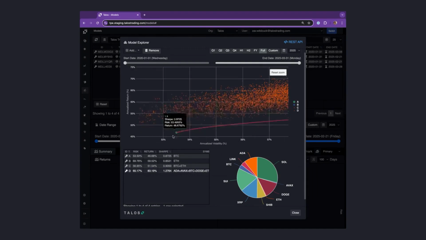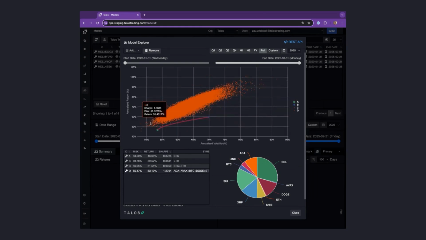If we zoom in, you can see there are some portfolios that were very close, but the vast majority had better risk-adjusted returns.